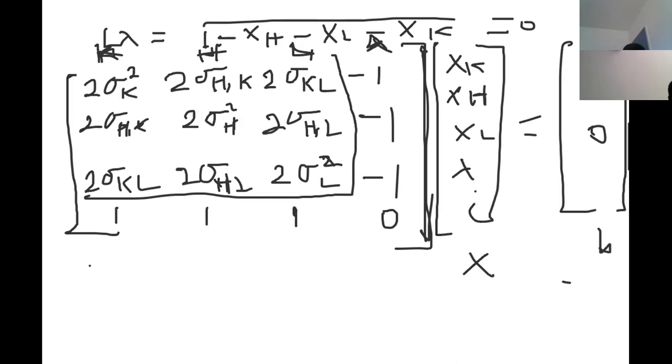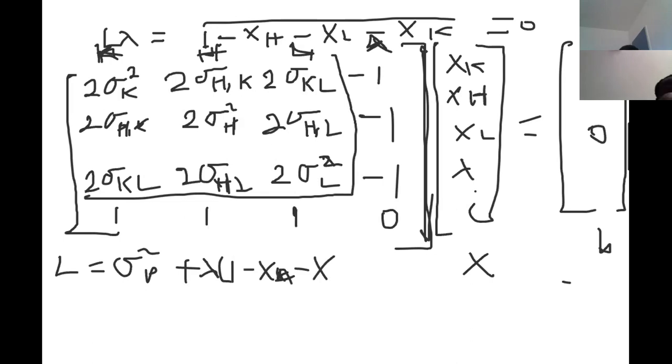the variance of the portfolio plus lambda into brackets, 1 minus XA minus XB minus XC. I'll call this one lambda 1, plus lambda 2 into brackets.